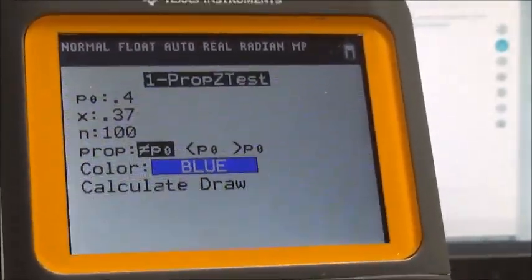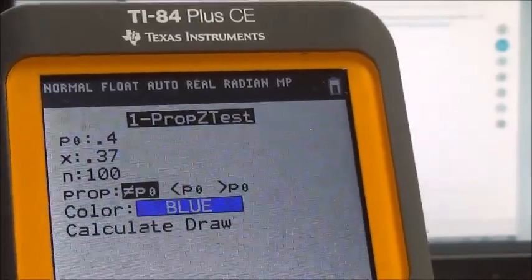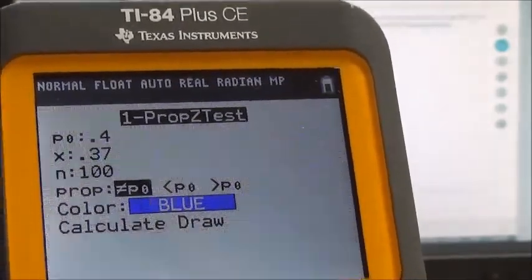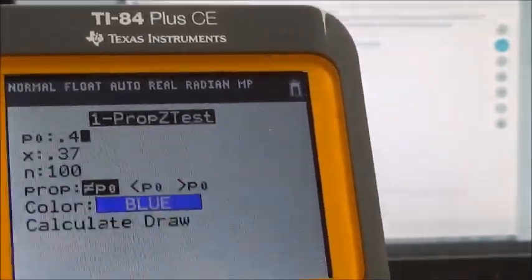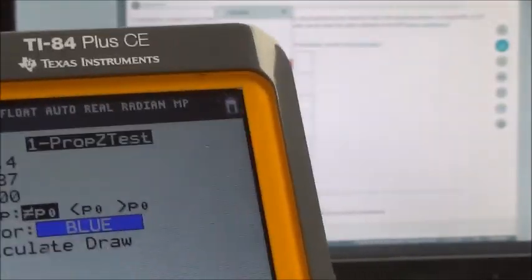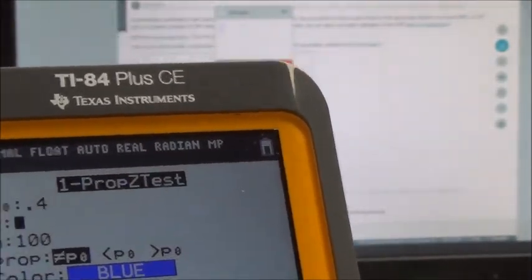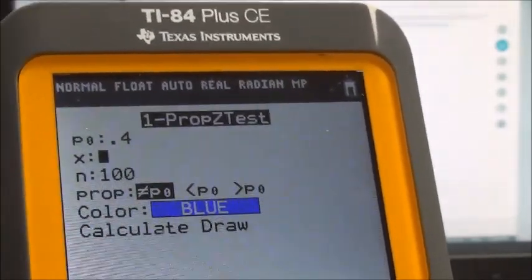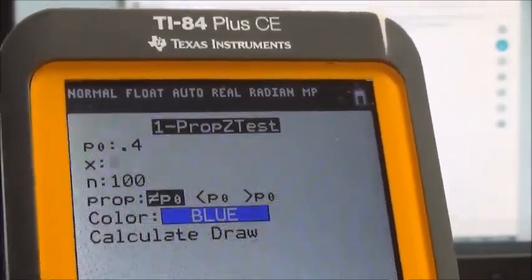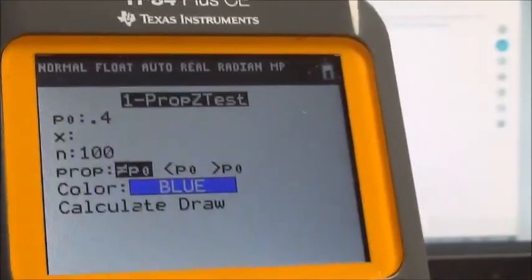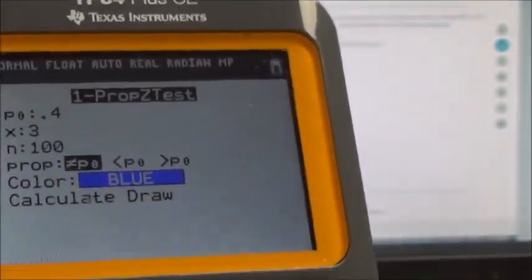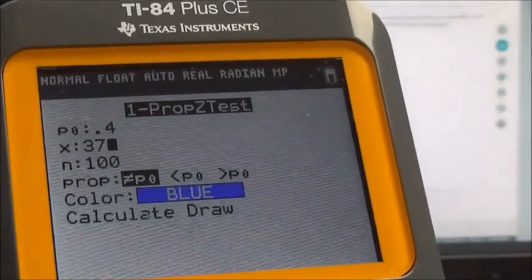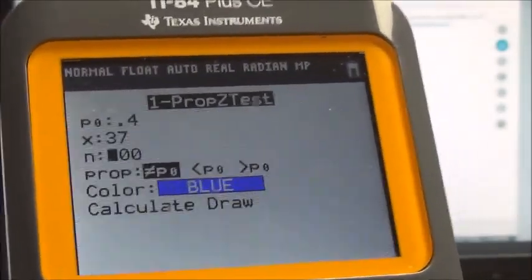And here when we do our menu, the P is the probability of the claim, which you're going to use 0.40 for 40%. The X value is kind of weird. The X value is your p hat value, and instead of using 37%, you're just going to use 37. So I'm going to type the 37 in there instead of 0.37. You have to be careful on that.